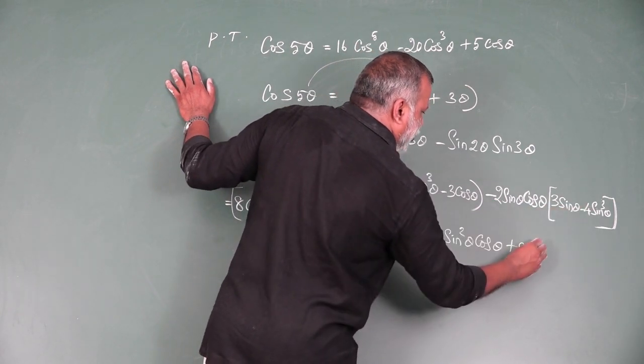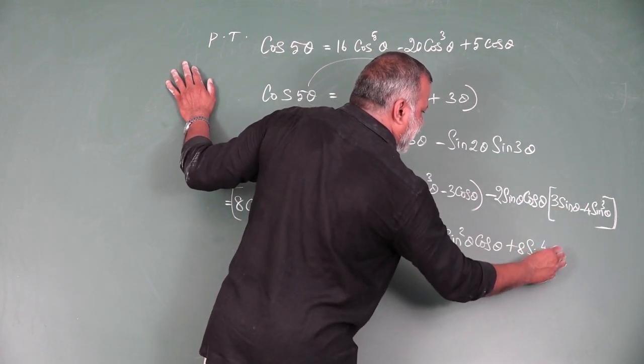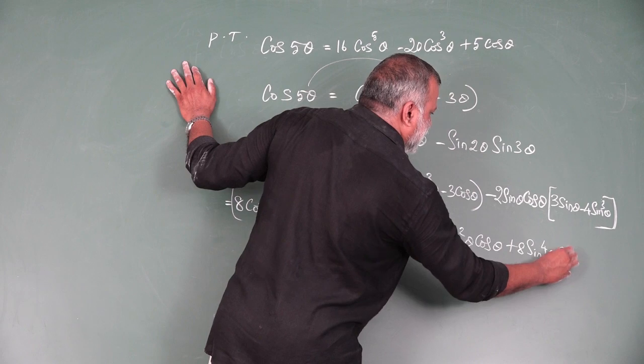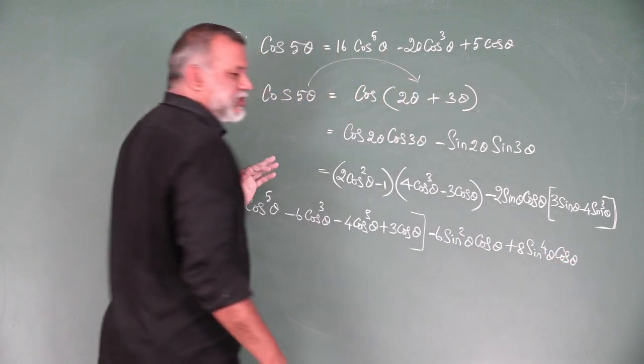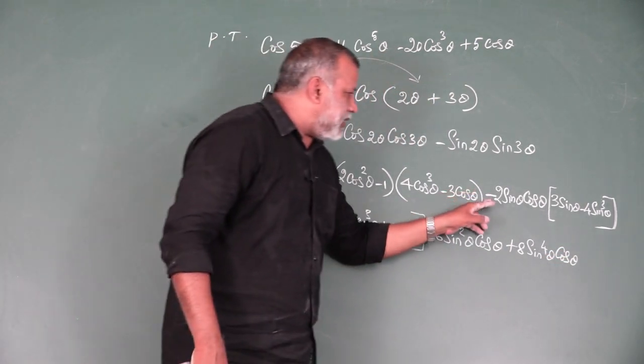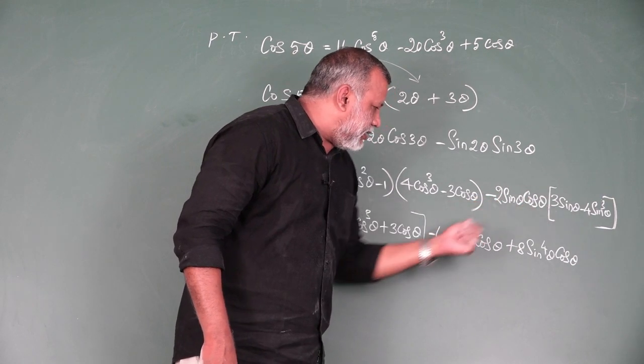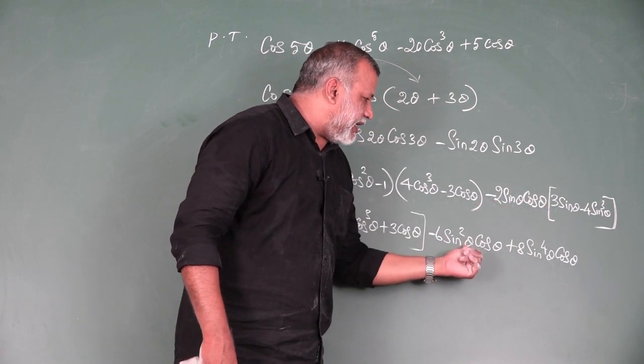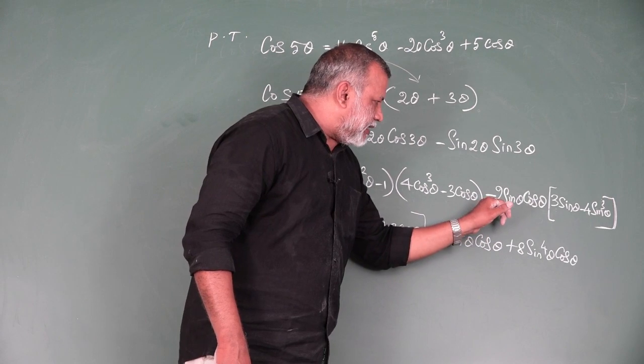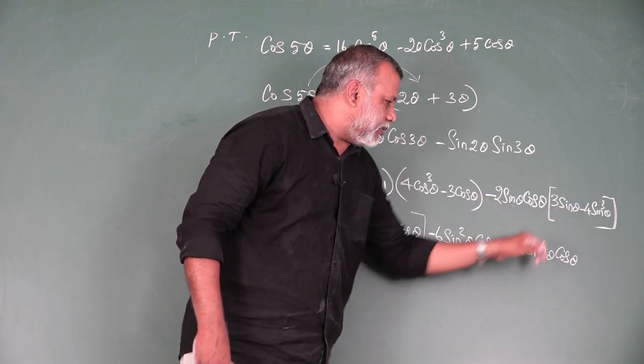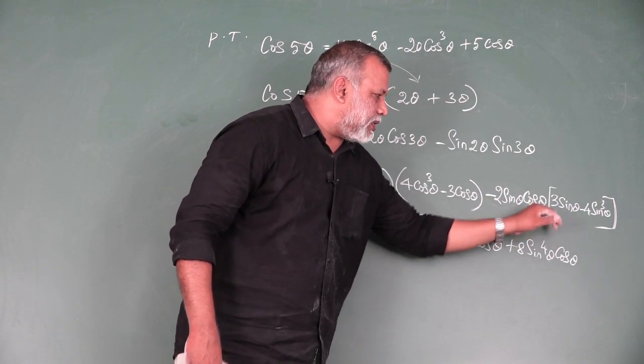Sin, again sin cube, we get sin power 4 theta, again cos theta. See once again this logic. This minus 2, again 3, 6. Sin into sin becomes sin squared, again cos. This minus 2 again with the 4, 8. Sin power 4 cos theta.